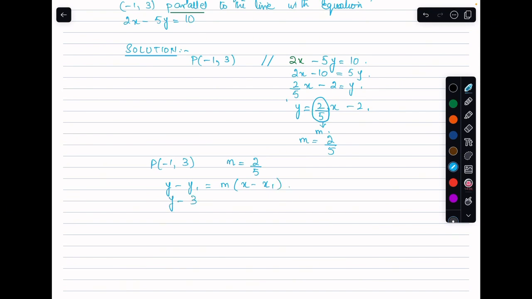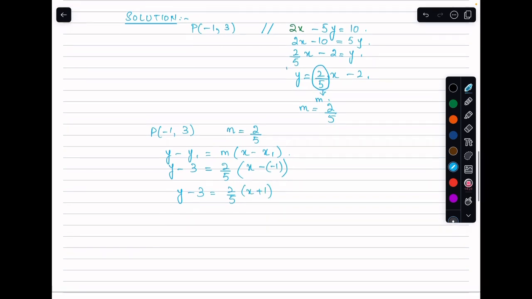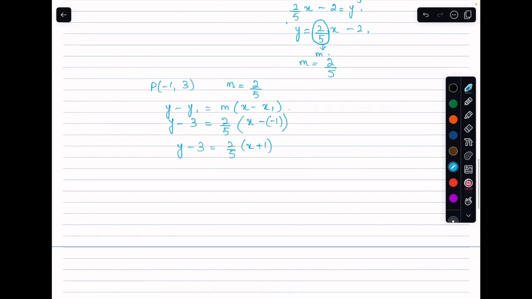Substituting the values, this is y minus 3 equals 2 by 5 and x minus minus 1, or we can say this is y minus 3 equals 2 by 5 and x plus 1.